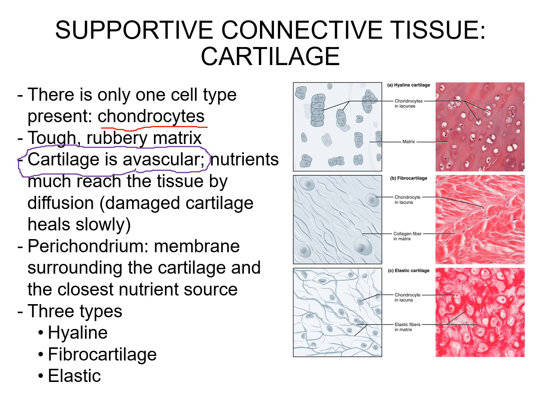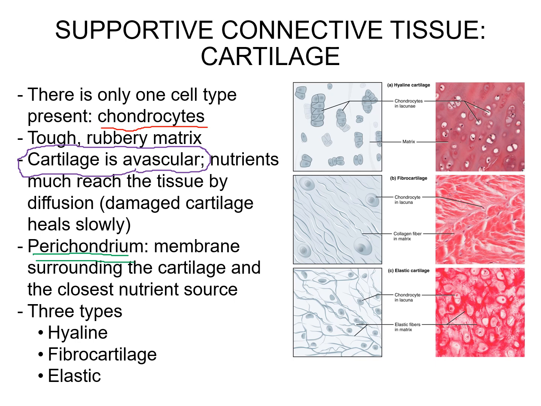So some oxygen and nutrients from the blood flow do diffuse from something called the perichondrium. However, sometimes it doesn't, and that cartilage is damaged permanently. It just depends. Also depends on how bad the damage is.